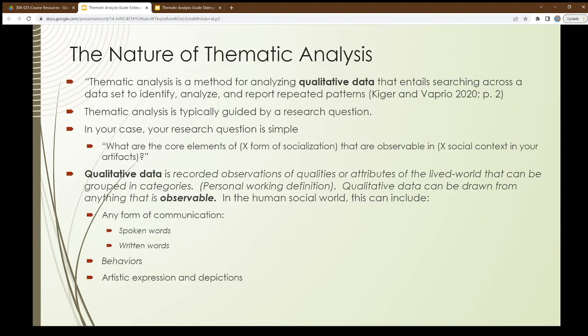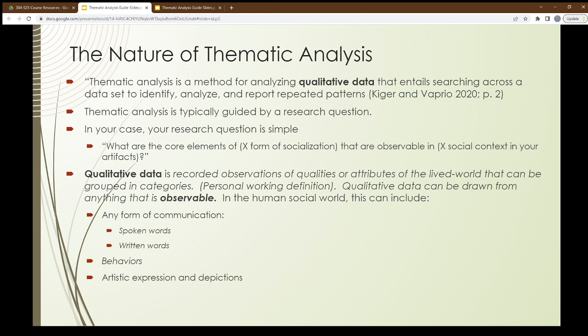So first, obviously, it's necessary to answer: what is thematic analysis? The formal definition of thematic analysis from Kiger and Varpio, an article you have access to, is a method of analyzing qualitative data that entails searching across a data set to identify, analyze, and report repeated patterns.